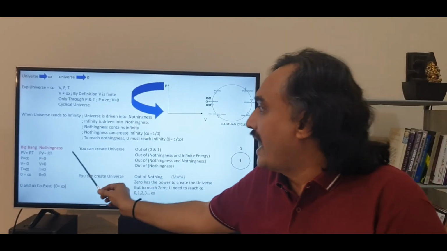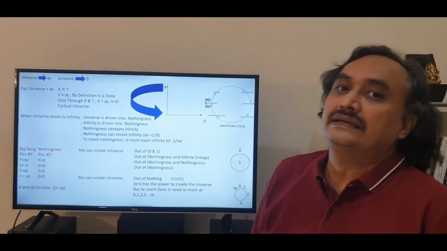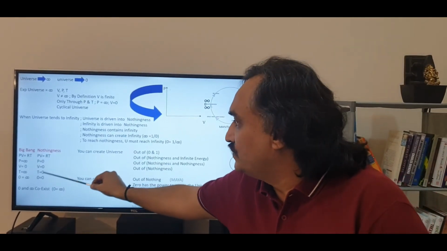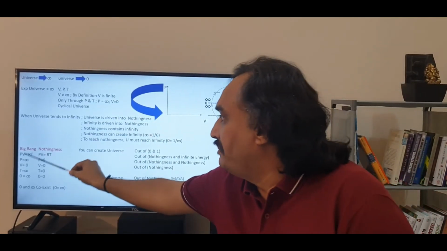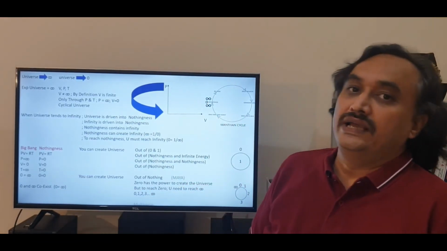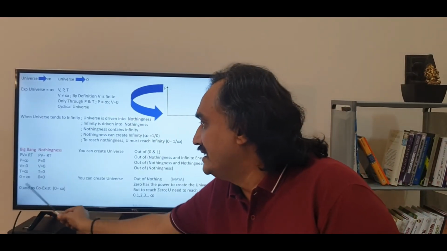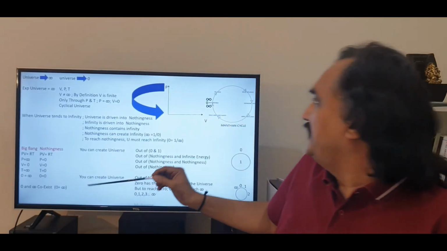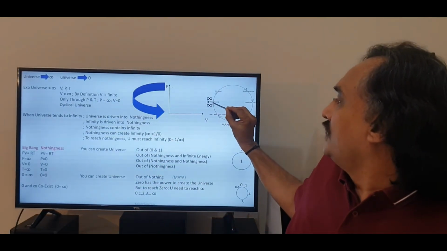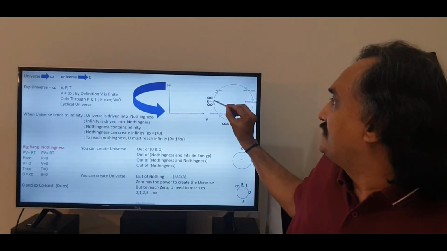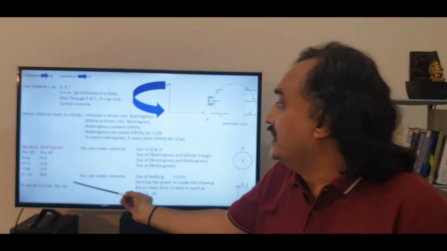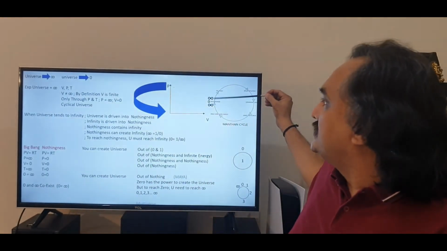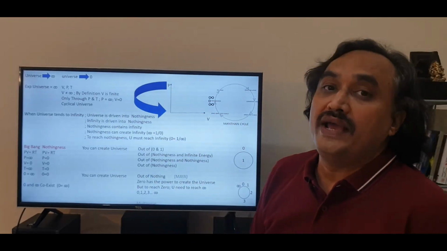So let us see what happened to the Big Bang and the nothingness. Obviously, in nothingness we had 0 is equal to 0, and at Big Bang we had 0 is equal to infinity. What we are suggesting here is that at this particular point, which is basically nothingness and by the side Big Bang, 0 and infinity are coexisting.